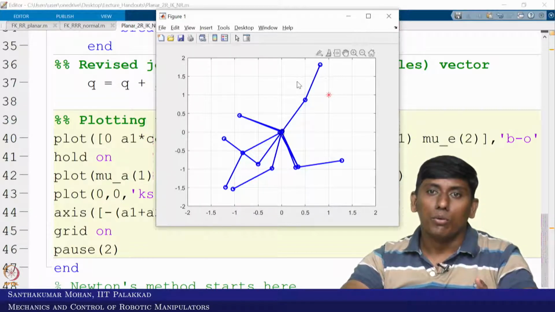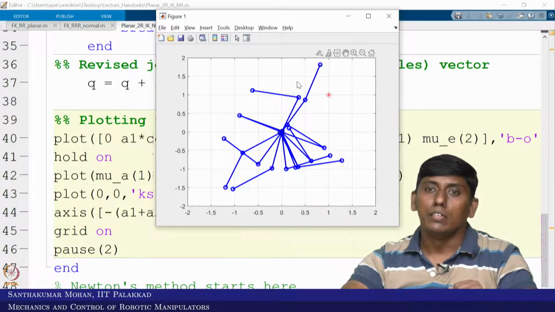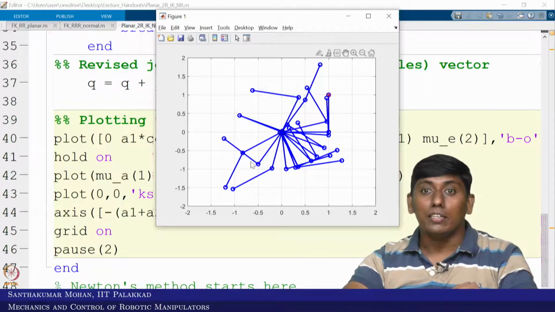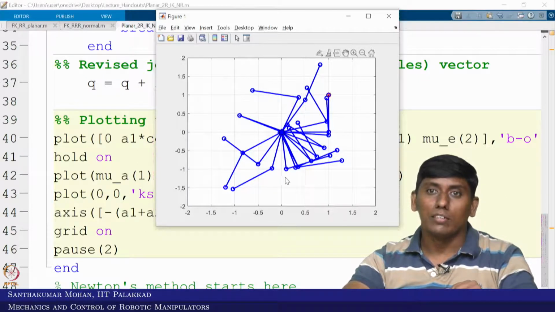It may converge or not, we can see because we increased the count. The initial guess is around the inflection point, so it may take time. You can see it converges, but it takes more iterations.